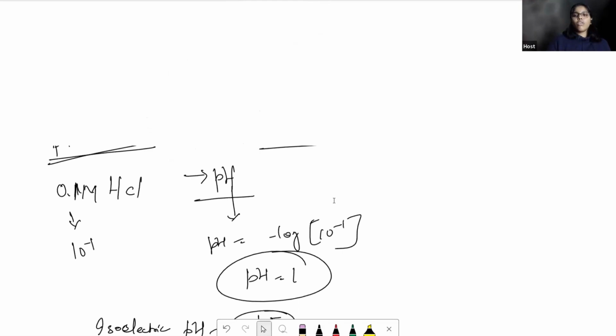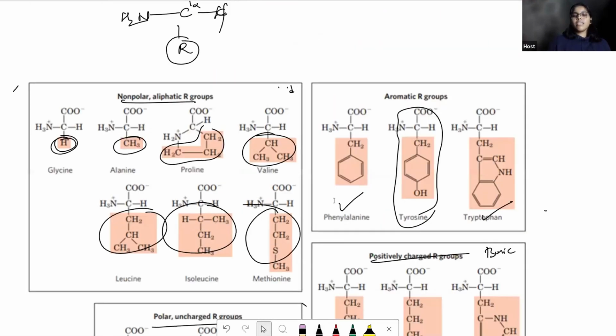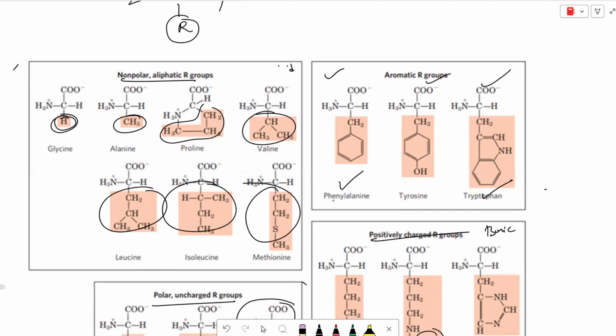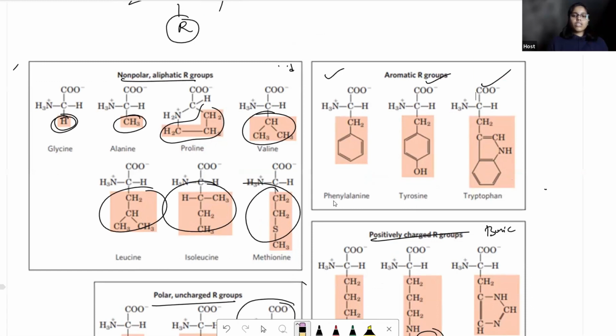Why are they called aromatic? Can anybody say? These three can absorb radiation or not? Just a guess. Yes, they can absorb radiation. The order will be: tryptophan highest, tyrosine next, and phenylalanine least.